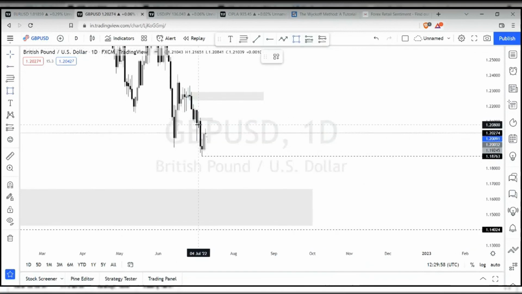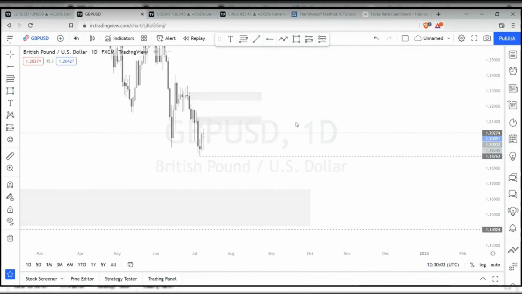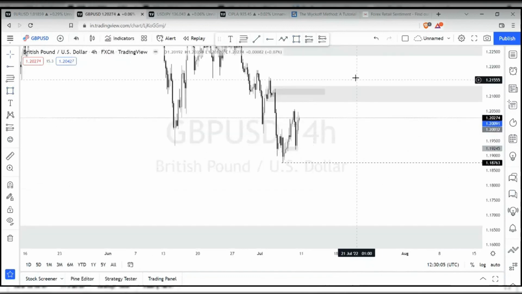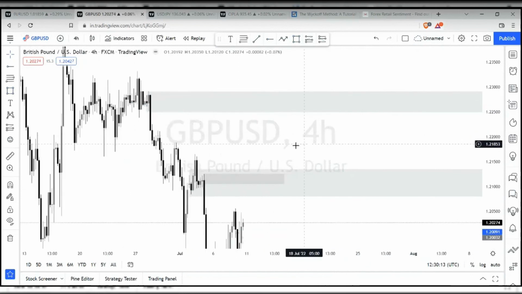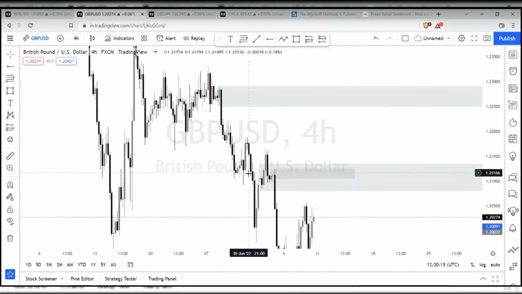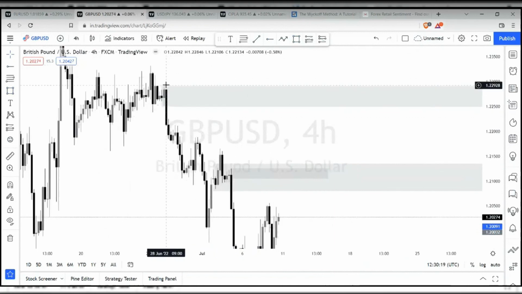So let's see on a 4-hour time frame. Yep. Good. This is good enough. This is how we can refine, how do we take the order block? Before the impulse move, we take the last candle, usually the last up candle. Up candle in the sense this is moving down, so we take the bullish candle.